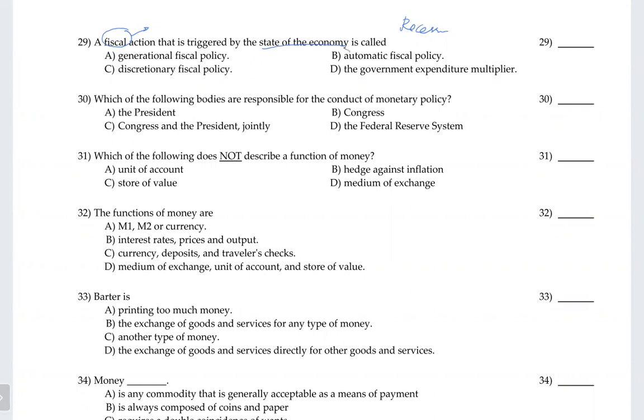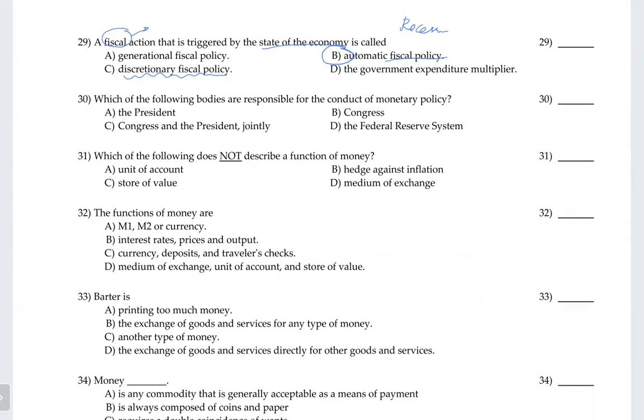And here the answer is obvious, B. So this is called automatic fiscal policy or automatic stabilizer. So here, you may want to review what is a discretionary fiscal policy. That's usually like one time, okay, after some deliberation. Right? So this depends on the discussion of the Congress or the president, right?